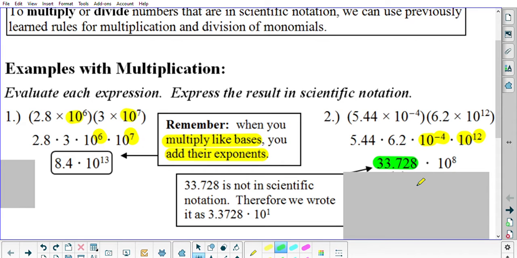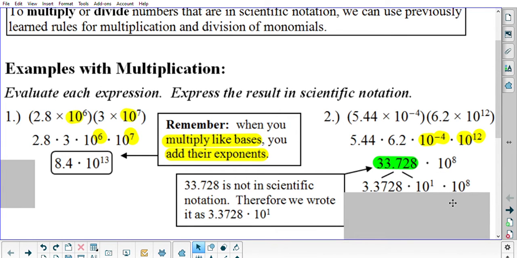Remember, scientific notation has to start with the factor being a number between 1 and 10, then times 10 to the power. Well, 33 is not between 1 and 10. So what we're going to have to do is take that 33.728 and make that become 3.3728. Now, how do I do that? Well, that would be times 10 to the first, because the original number was 33.